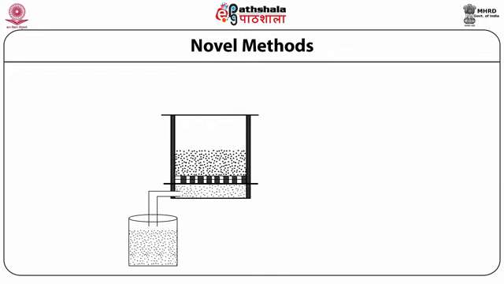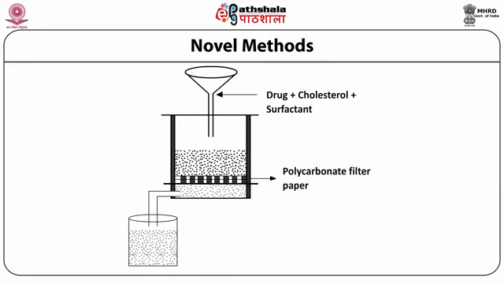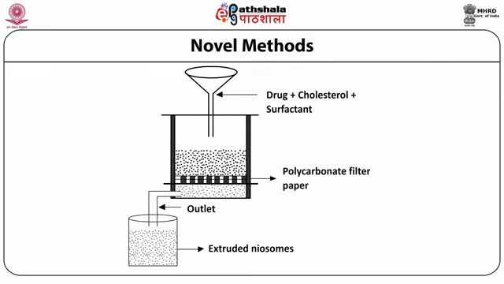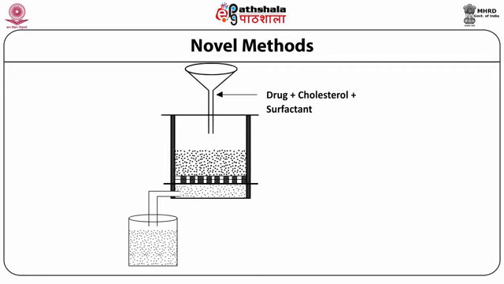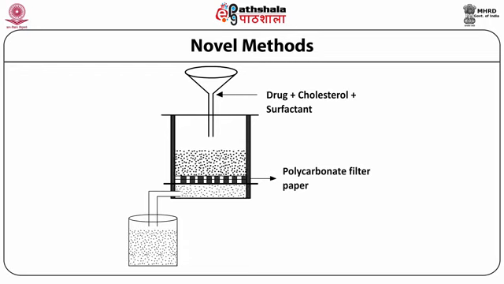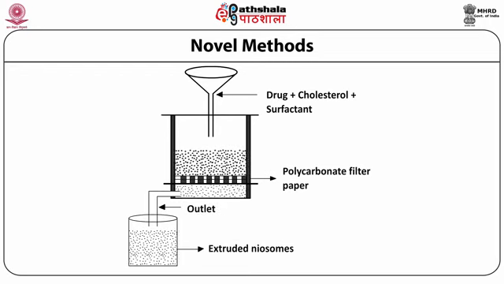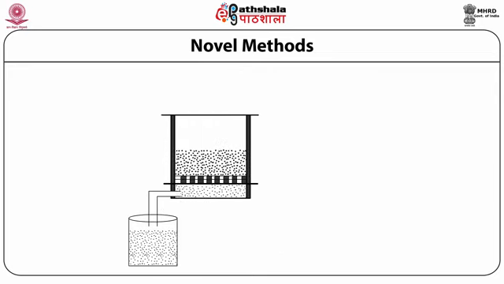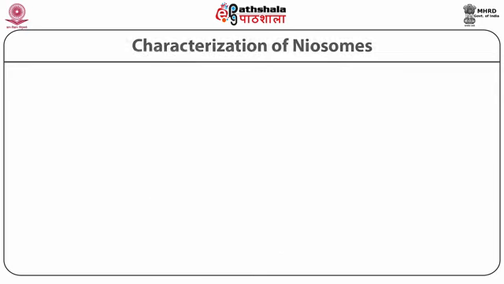So, we allow the solution of the drug, cholesterol and surfactant to pass through this membrane. After passing the membrane, the extruded material which is obtained is collected in a vessel. This extruded material is the neosome obtained.